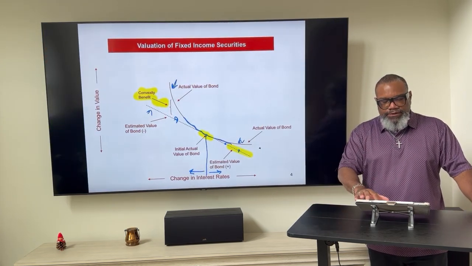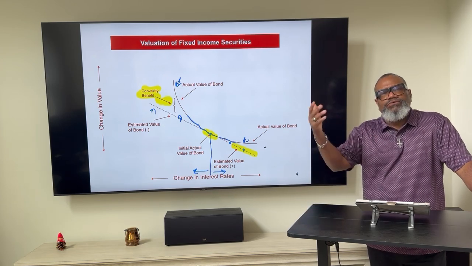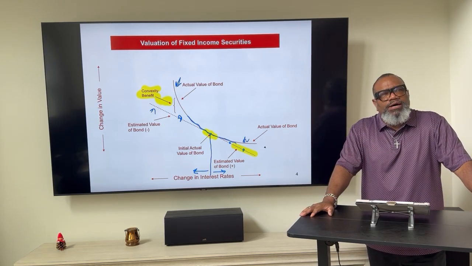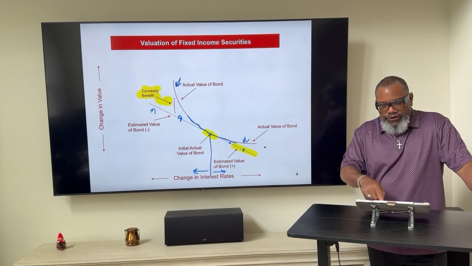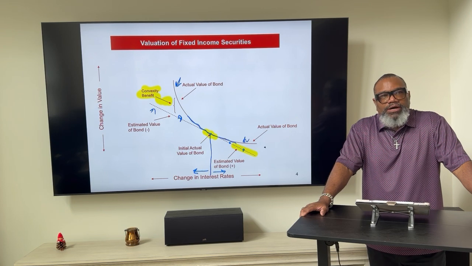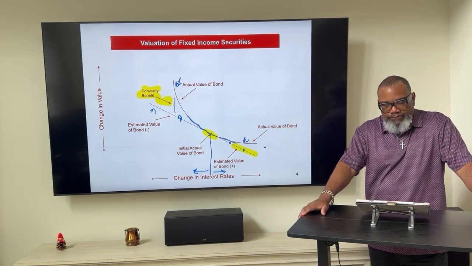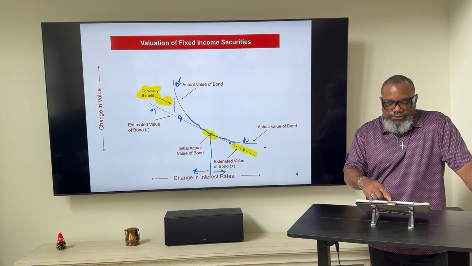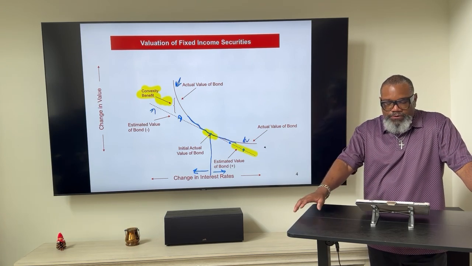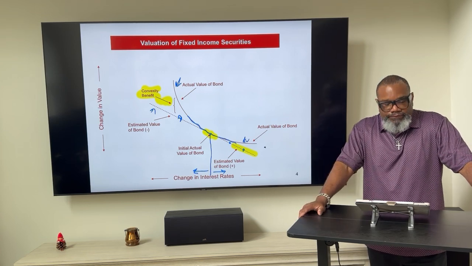So now, continuing on with the valuation of securities, as I said earlier, there is an inverse relationship between the value of a fixed income security and the level of interest rates. So you see the curved line here, that represents the actual value of a bond. And down on the horizontal axis, you have changes in the interest rates. If we start off at this middle point here, we have a certain interest rate and a value of the bond.